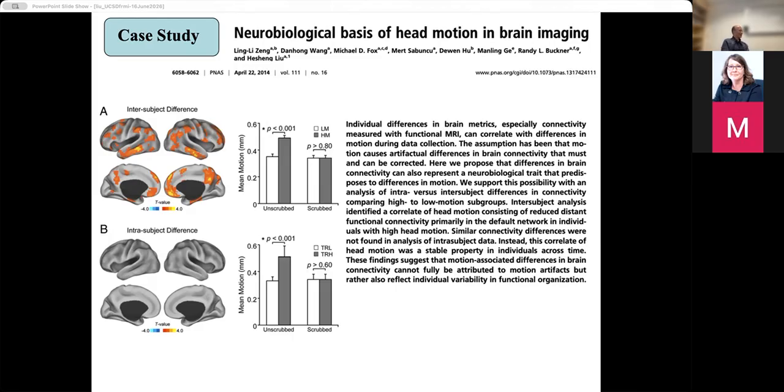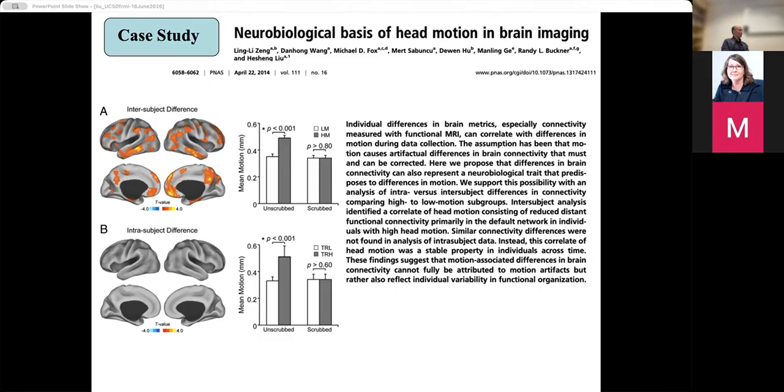What we were saying is that it's not necessarily that those functional connectivity differences that you're seeing are because they're moving more, but there might be other traits correlated with moving more that have different psychological associations. That's being seen there, which you're not seeing when you're looking within a given individual when they're moving high versus low.